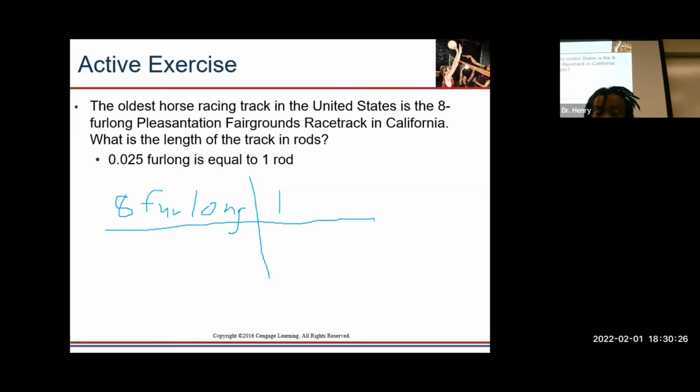So we have 1 rod on top, and you said 0.025 furlongs. Ran out of room.